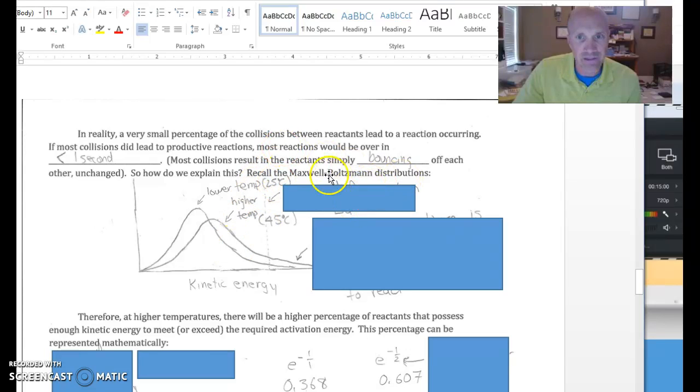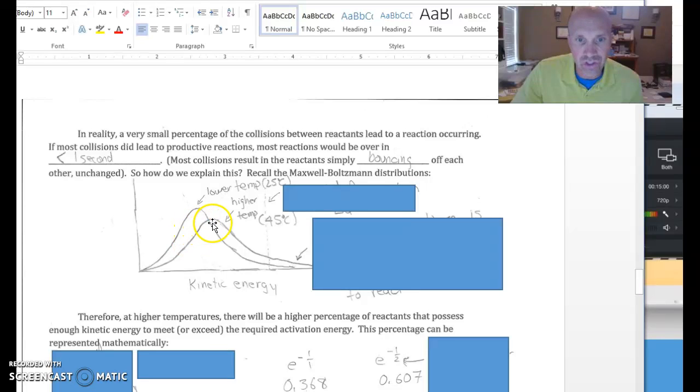Let's go back and think about this thing called the Maxwell-Boltzmann distribution. Remember, if you've got your reactants at a lower temperature, the percentage of things at any given kinetic energy would look like this. At a higher temperature, it's not like every single molecule is moving faster.